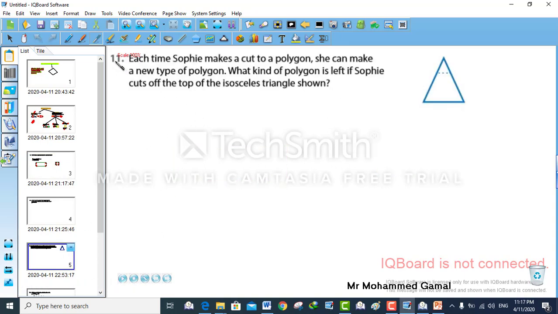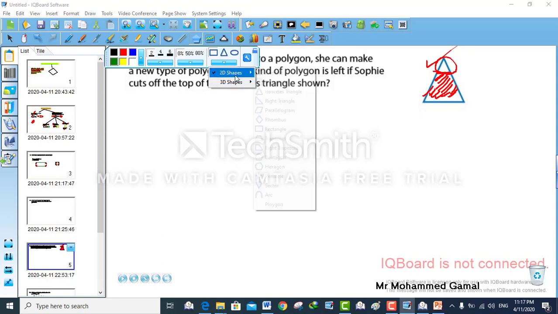After this, question number 11. Each time Sophia makes a cut to a polygon, she can make a new type of polygon. What kind of polygon is left if Sophia cuts off the top of the isosceles triangle? As you see here, if we cut this part off and remove it, this part will be left. Let's redraw it here.